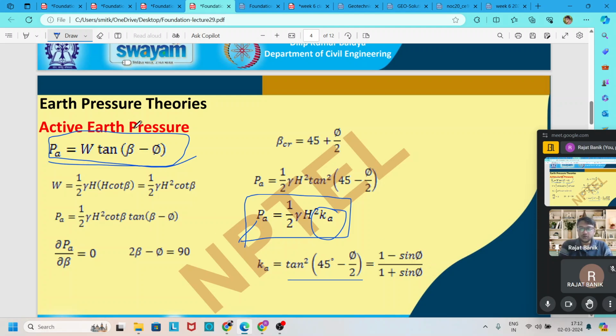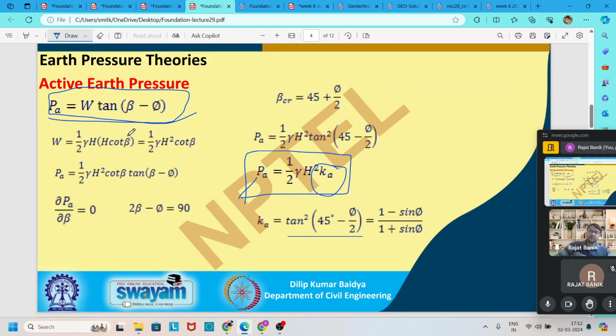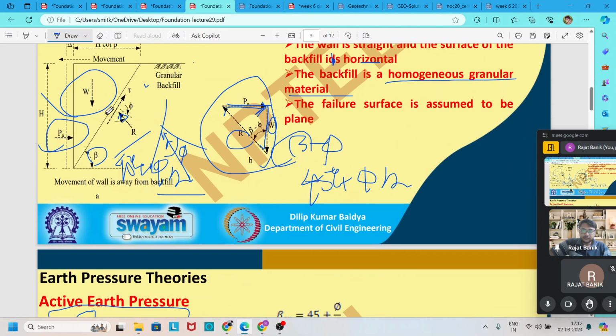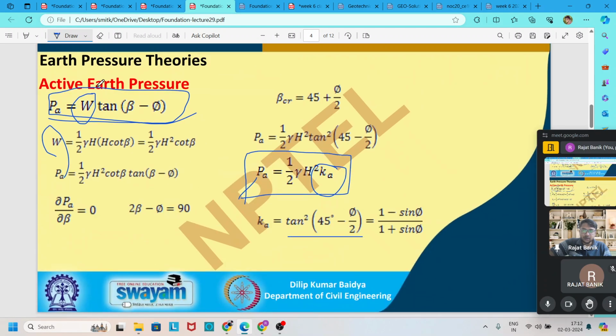Let us look at this derivation very quickly. We can write PA is equal to W, the self weight of the backfill material in the failure zone, into tan of beta minus phi. After that we find this self weight, which is nothing but the area of this fill material into gamma.